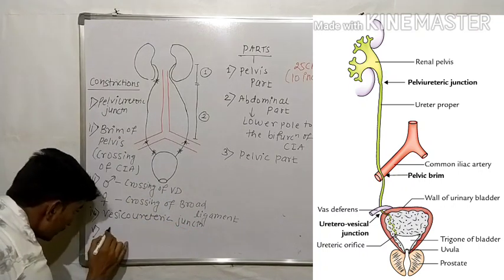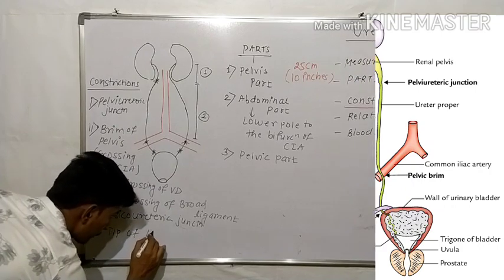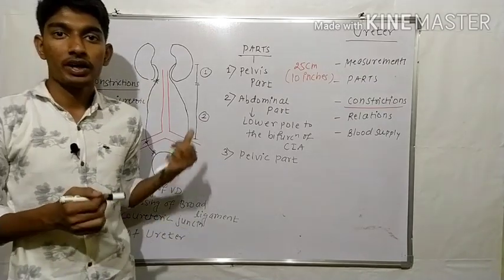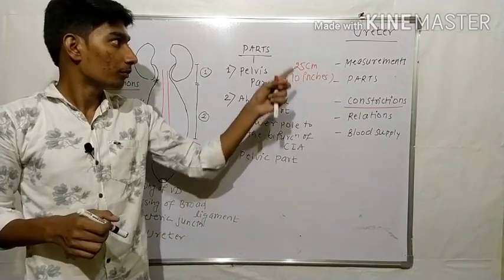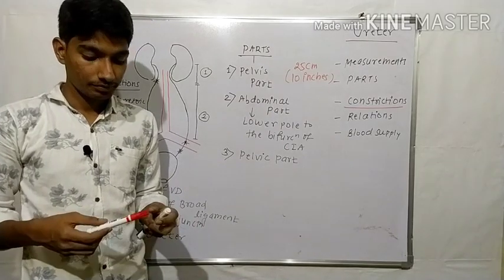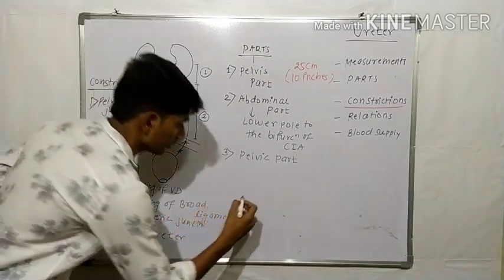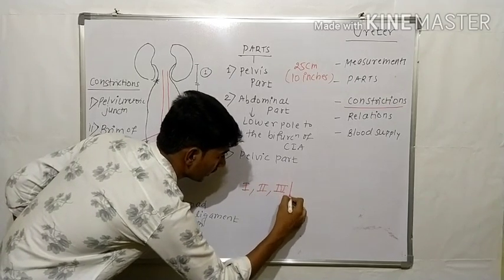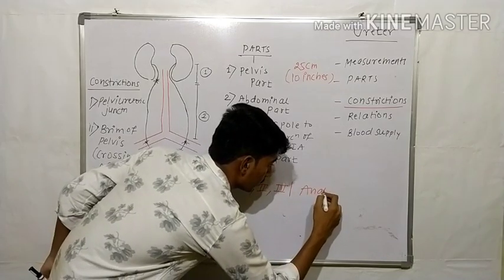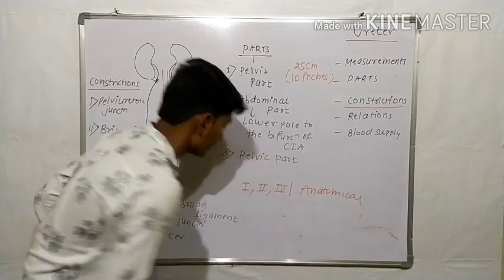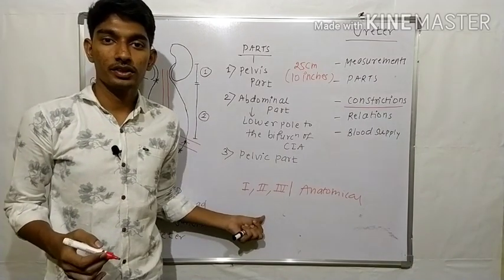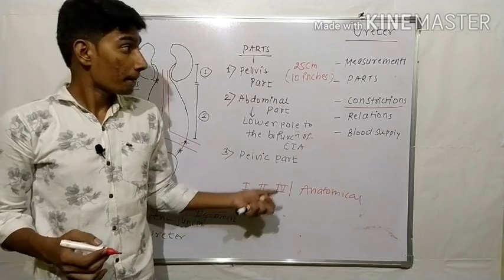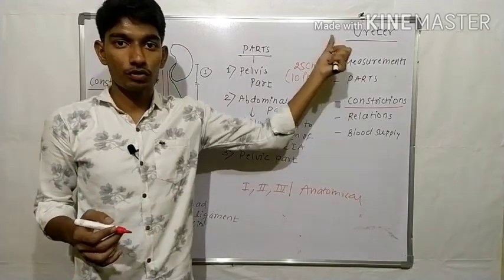And fifth is tip of ureter. These are the 5 constrictions of the ureter. Out of these five constrictions, first, second, and fourth are anatomical constrictions, while third and fifth were additional constrictions described by the surgeons. Okay, this is about the constrictions of ureter.